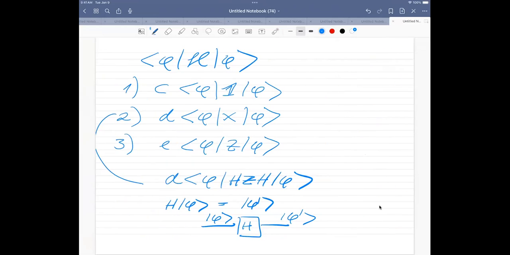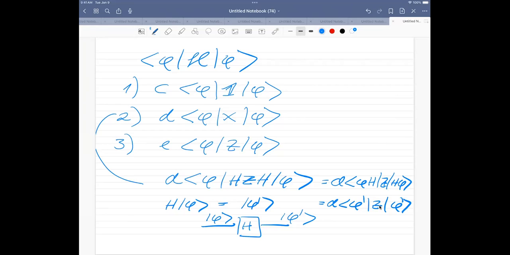But now we can rewrite this term: we have Z and H times phi, which is the same as the state phi prime and Z and phi prime. And this state phi prime is just a linear combination of the computational basis states 0 and 1.